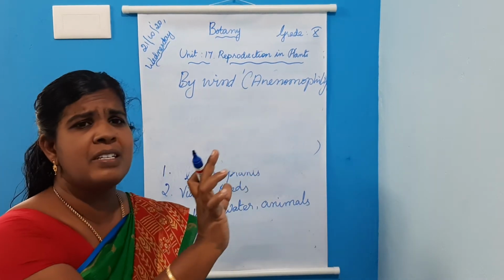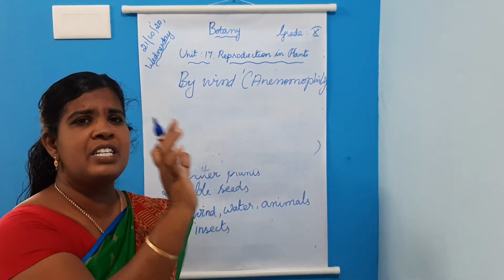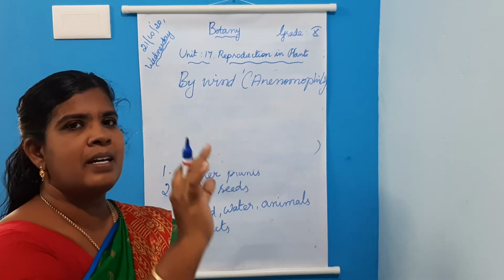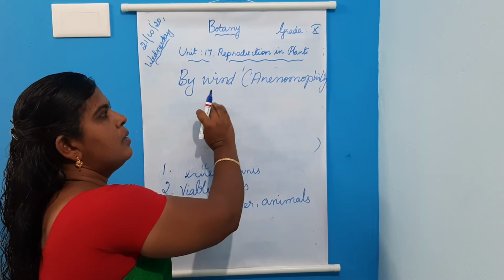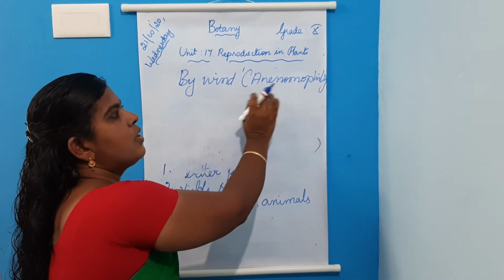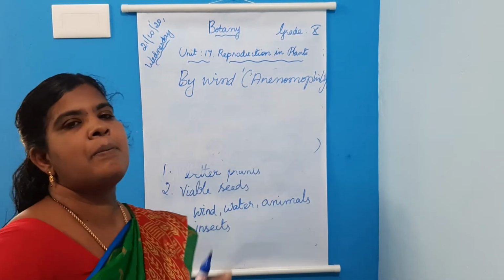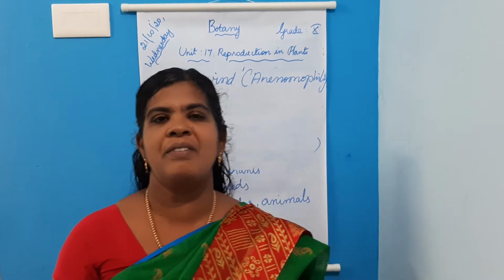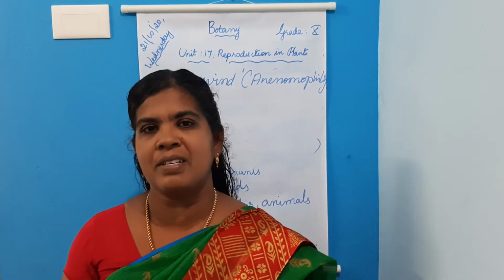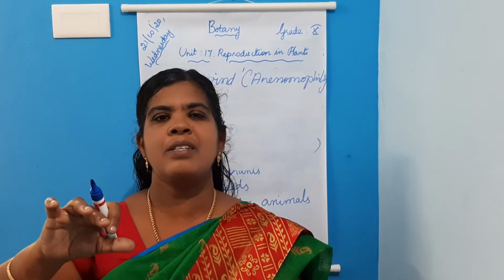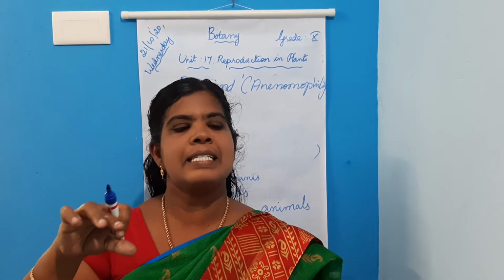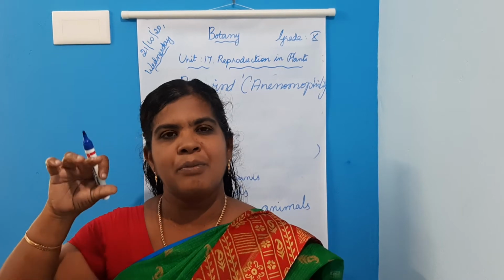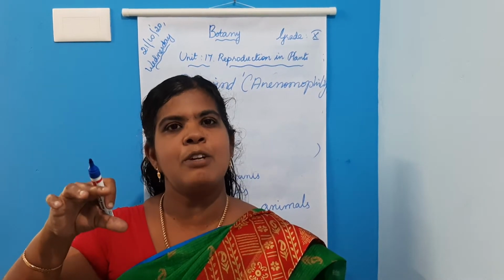What are called anemophilous flowers? Flowers which are pollinated by wind. What is called anemophily? Pollination by wind. These flowers must produce more pollen grains.